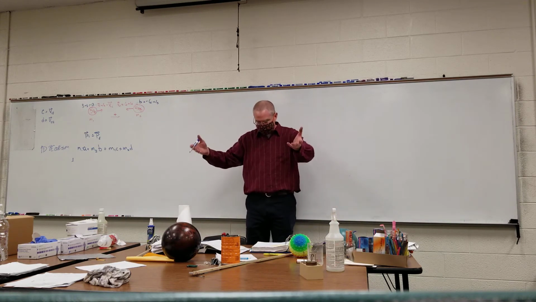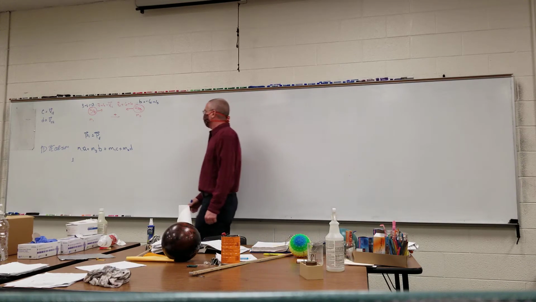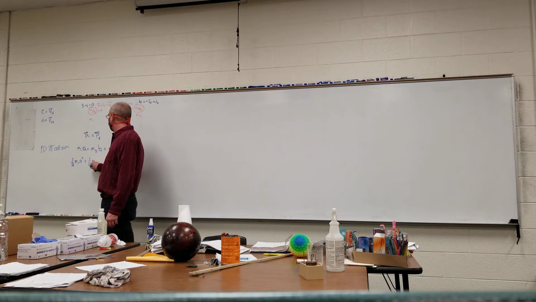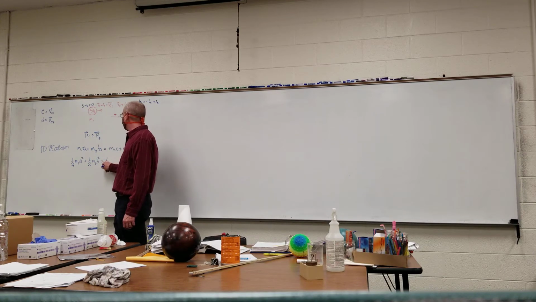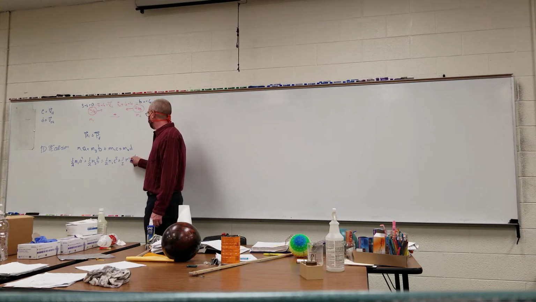What's the formula for kinetic energy? 1/2 mv squared. Nice. So 1/2 mass 1 a squared plus 1/2 mass 2 b squared equals 1/2 mass 1 c squared plus 1/2 mass 2 times d squared.